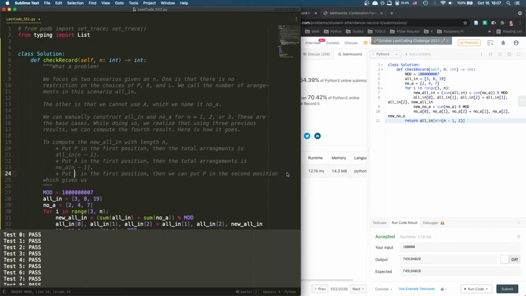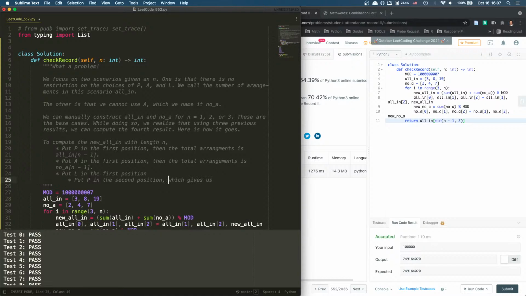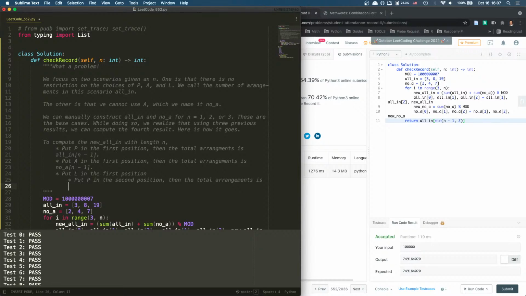Put P in the second position: the total arrangement is all in n minus 2.